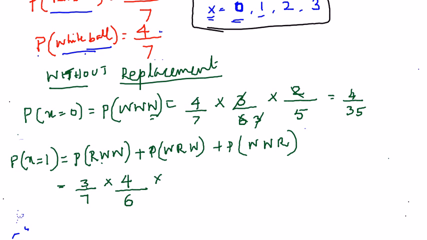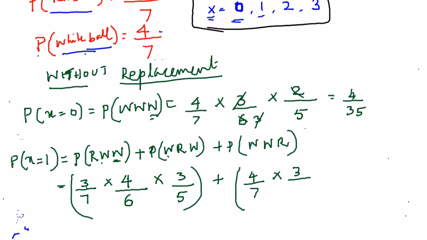It reduces by 1. Then next also I am getting a white ball. So the number of balls inside becomes 5 because I have already taken 2 balls, and I have already taken one white ball, so it would become 3. Okay. Likewise, the same logic applies here. The probability of taking a white ball first is going to be 4 by 7. And the probability of taking a red ball is going to be 3 by 6 because I've already taken one ball. And the probability of taking another white ball is going to be 3 by 5.